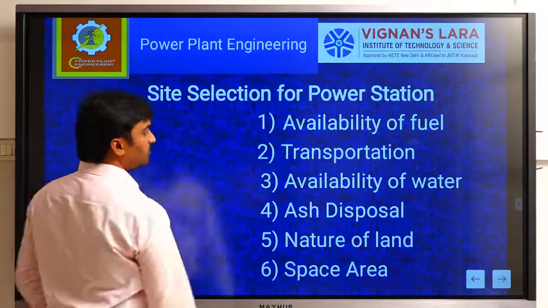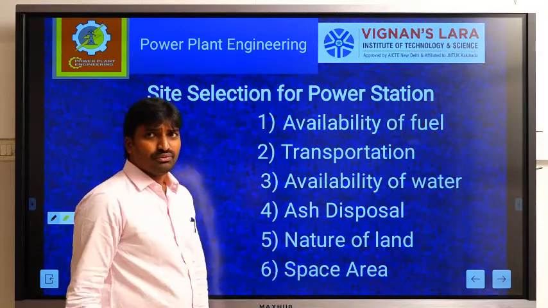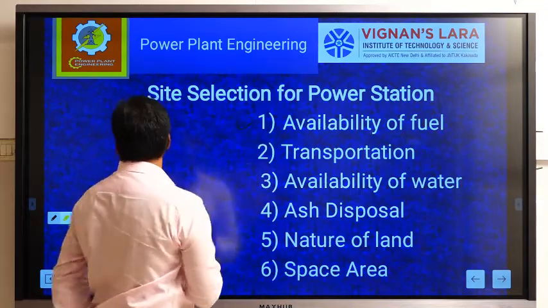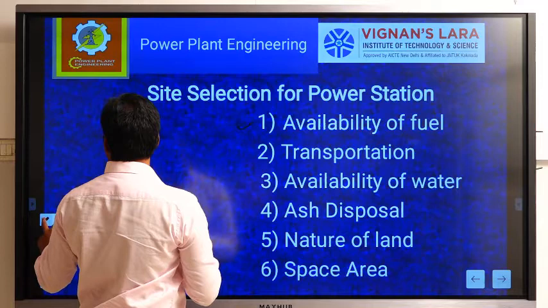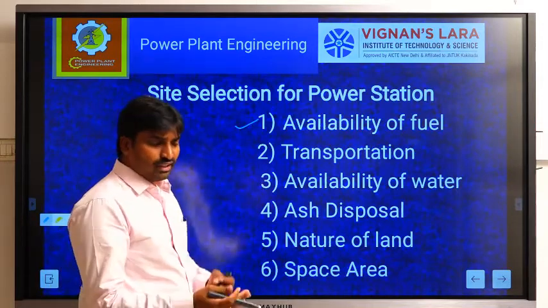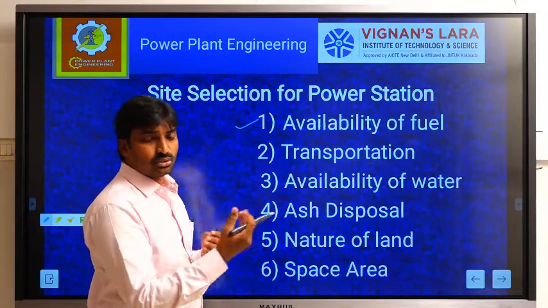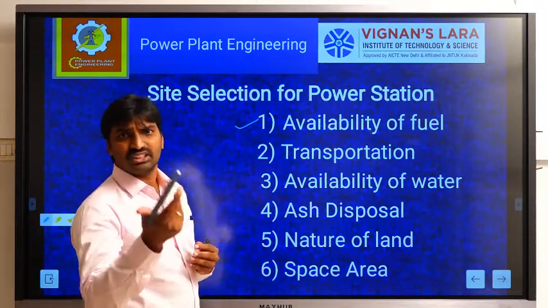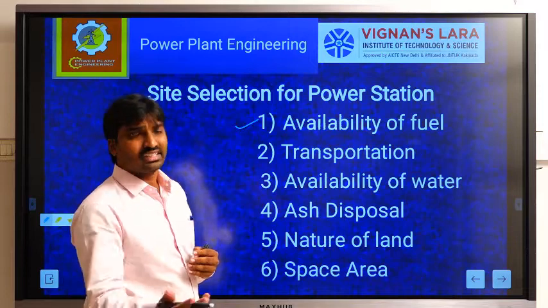These are the 6 important factors. The first thing is we need the fuel, so availability of fuel is important. If the fuel is available very near to us, then automatically the transportation cost is very low and we get the profits.